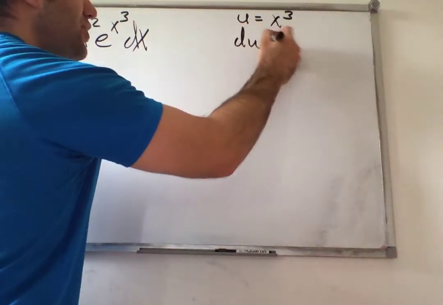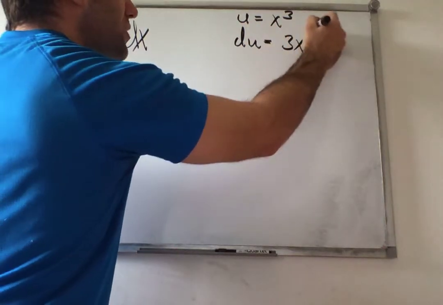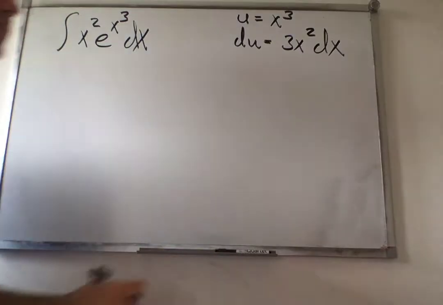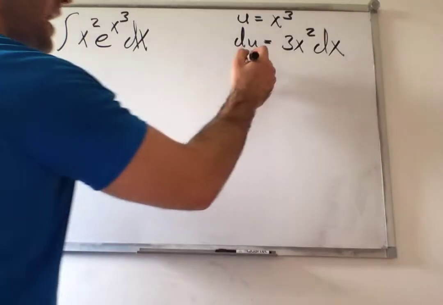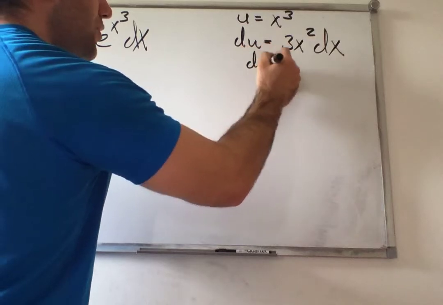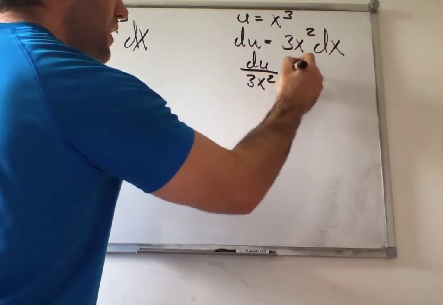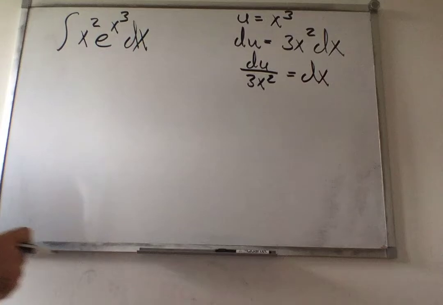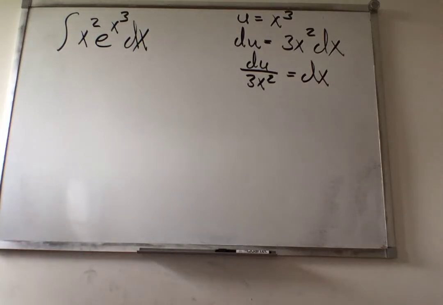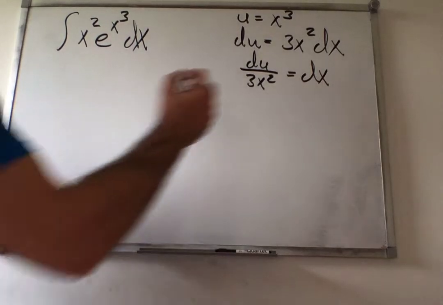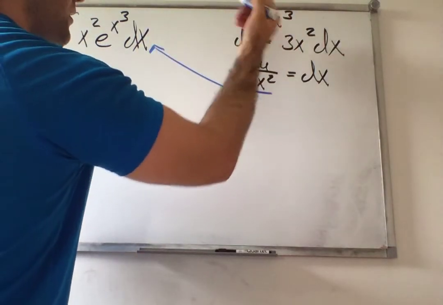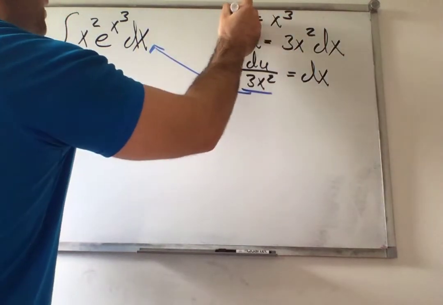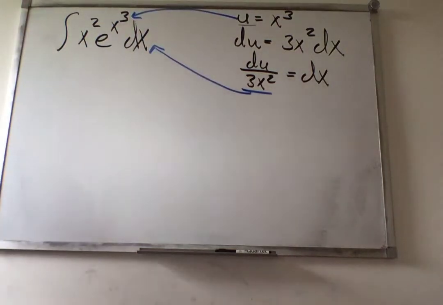If I differentiate, you get du equals 3x squared dx. So I'm going to solve for dx. You get du over 3x squared is equal to dx. And now I'm just going to take this piece and plug it in for dx, and this piece and plug it in for x cubed.